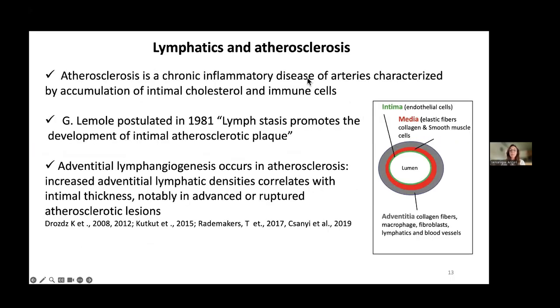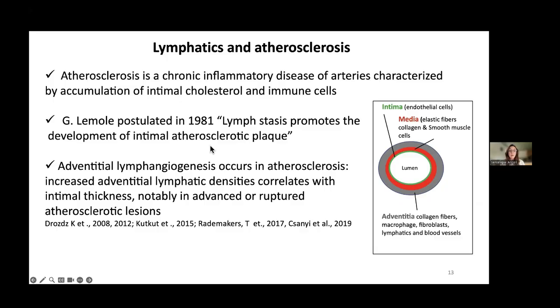Because indeed, atherosclerosis, as you know, is a chronic inflammatory disease of arteries characterized by the accumulation of intimal cholesterol and immune cells. Interestingly, there was a hypothesis raised by Gérald Lemol, a cardiovascular surgeon in the 80s, who suggested that lymph stasis might promote the development of intimal atherosclerotic plaque, but there was no direct evidence yet for that.